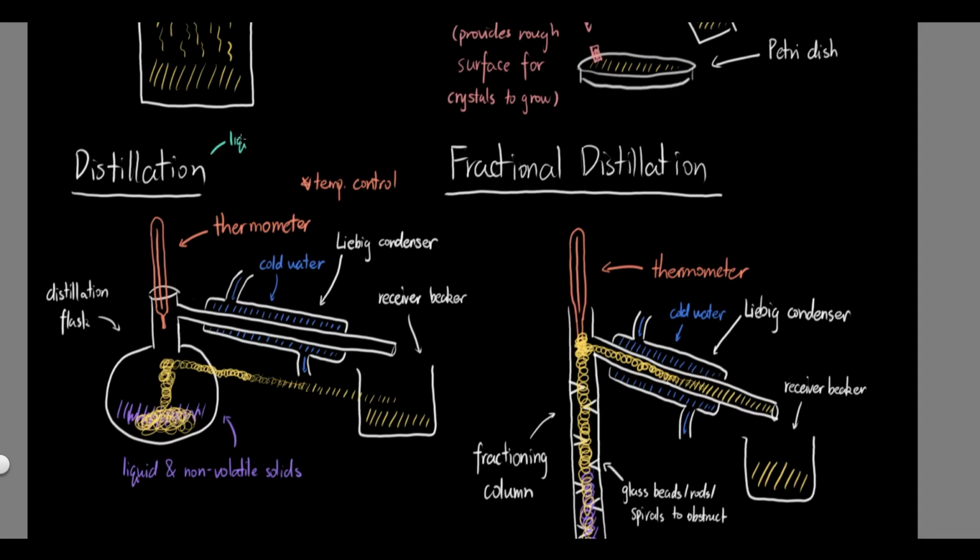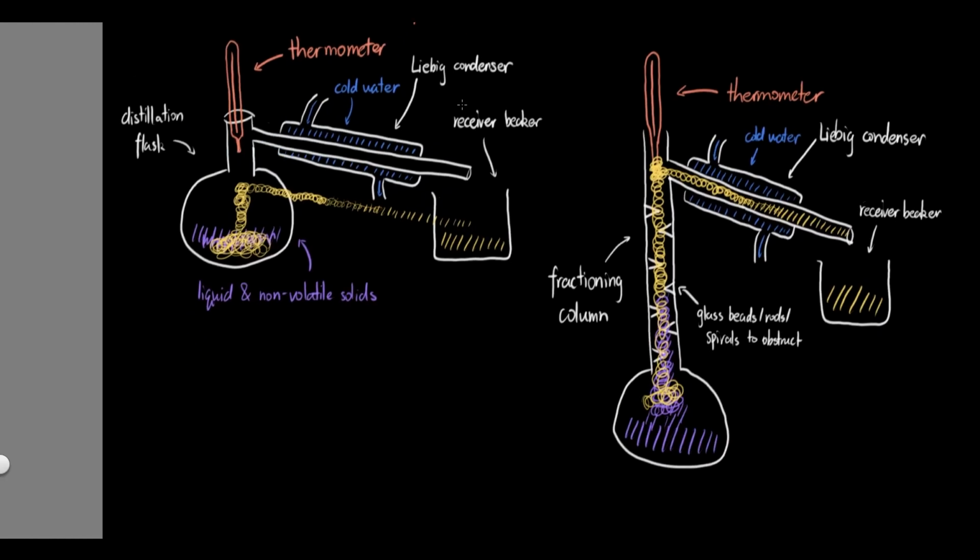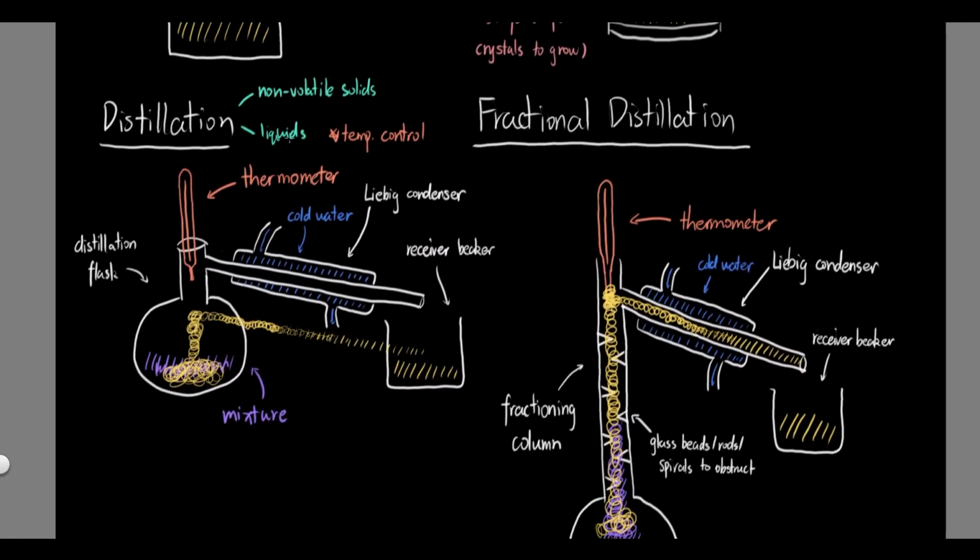So non-volatile solids and liquids. And I will change this label to Mixture, so that we don't get confused. So this is kind of like our source. And basically this is the setup.